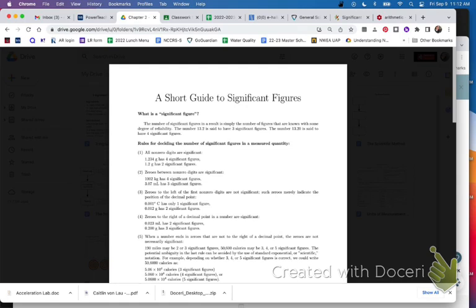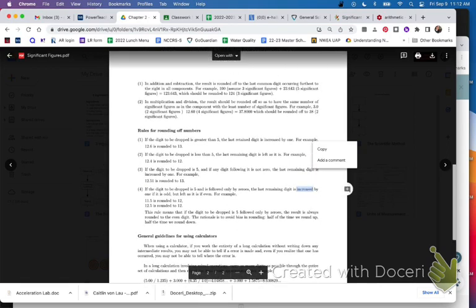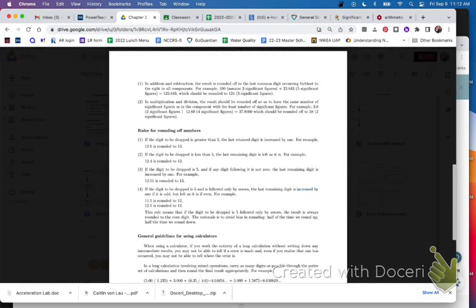So, an example, if you do 3.0, which has how many significant figures? 2 significant figures, and you multiply it times 12.60, which has how many significant figures? 4. 4. Good.